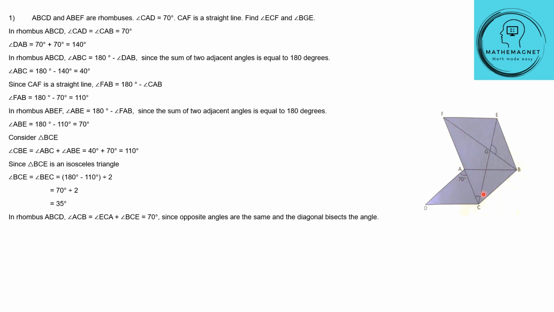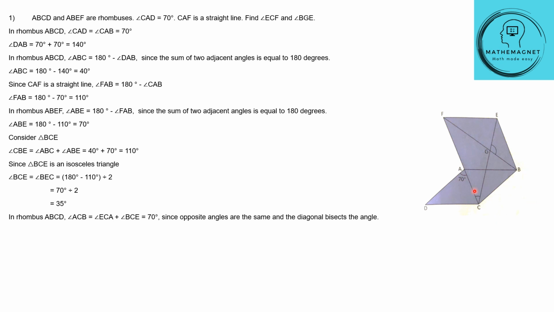Now we need to consider rhombus ABCD again. In rhombus ABCD, angle ACB will be equal to ECA plus BCE. These two angles, if you add them, you will get angle ACB. We also know the diagonals bisect the angle into two equal halves, so if this is 70 degrees, ACB will also be equal to 70 degrees.